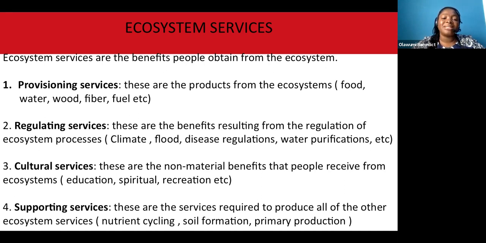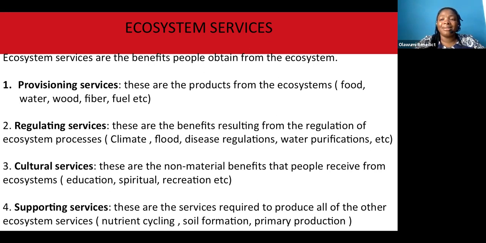And there are regulating services that we also enjoy from the ecosystem. These are the benefits resulting from the regulation of the ecosystem, like when we regulate the climate, and the water purification that we have talked about. Then we have the cultural services. These are the non-material benefits that people receive from the ecosystem, like education, spiritual and recreation.